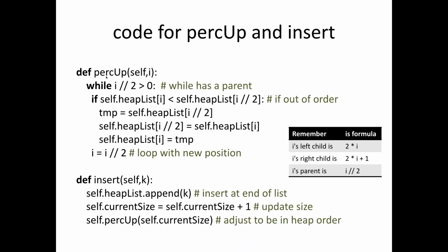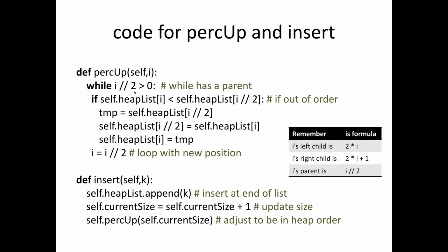Here's the code. We call the function percolate up, or swim up, with index i. i is the index of the number to be percolated up. First of all, we check a while loop: integer division by 2, which is basically its parent, is greater than 0. Because 0 is not used. If you get 1, that's the root, but 0 means there's no parent.